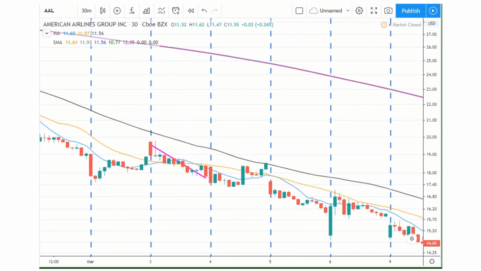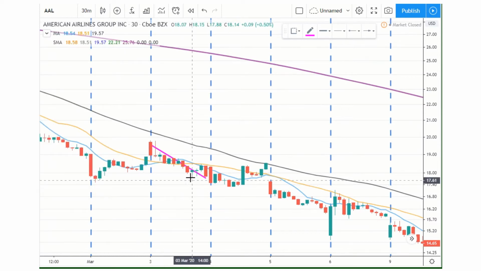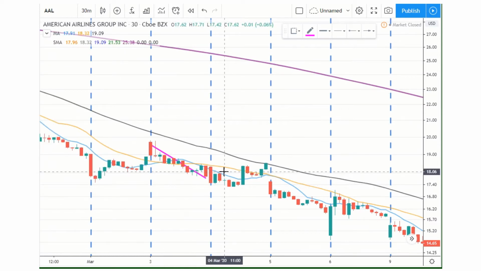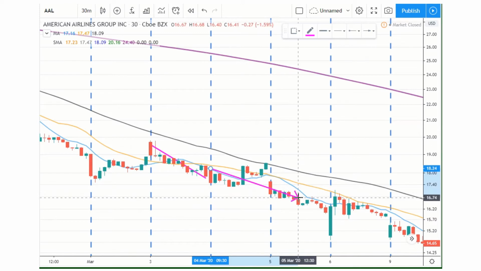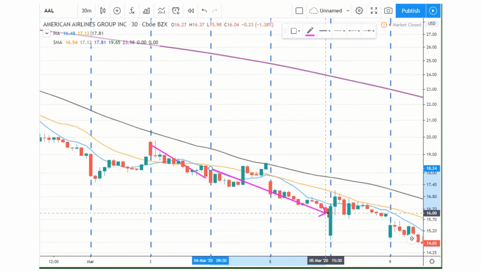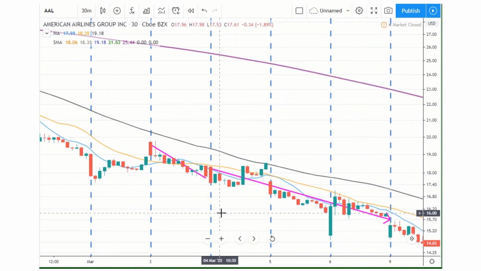Again, let me choose the arrow cursor. That's better for me. Okay, again, March the 4th, American Airlines fell, and it fell all the way down to March the 6th. Now, we're looking at the 30-minute time frame.